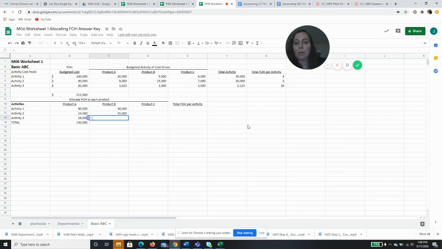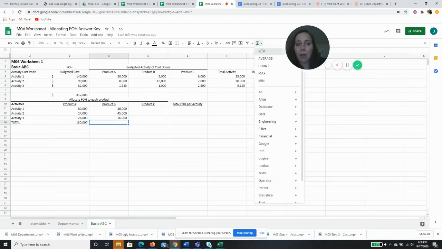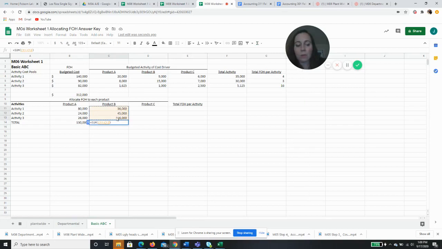For activity 3, they use 1,000 times the rate of 16. Product B gets allocated $16,000 of factory overhead related to activity 3. We're going to add all of those up, and we know that in this period, we are going to allocate a total of $97,000 of factory overhead to product B.